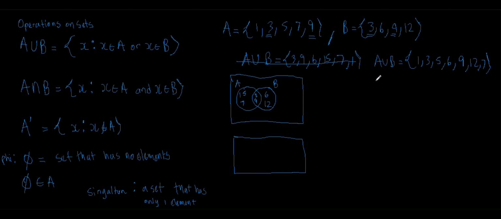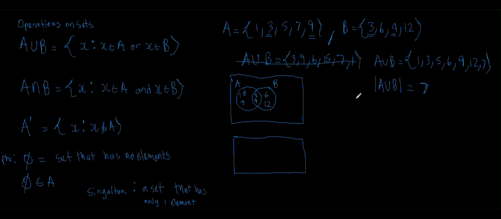So the cardinality now, this is the symbol of cardinality, these two lines. How many elements? 1, 2, 3, 4, 5, 6, 7. Let's count this to verify. 1, 2, 3, 4, 5, 6, 7.